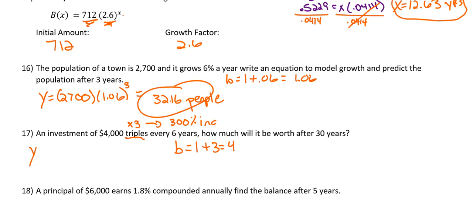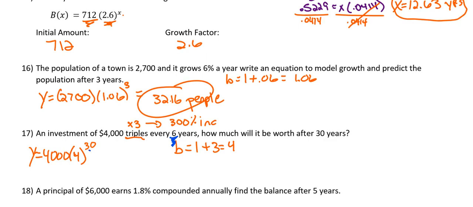And it's going to be y equals the initial investment, the $4,000, times 4 to the power. If you put 30 here, that would be incorrect, because it says it triples every 3 years, not every year. If you put the 30 here, that would be a tripling every single year.